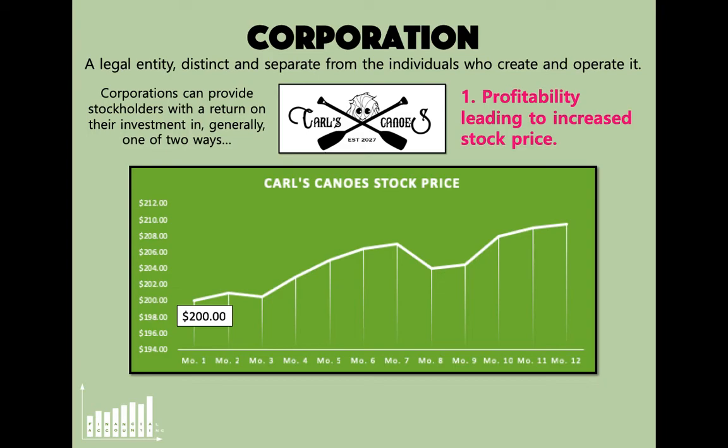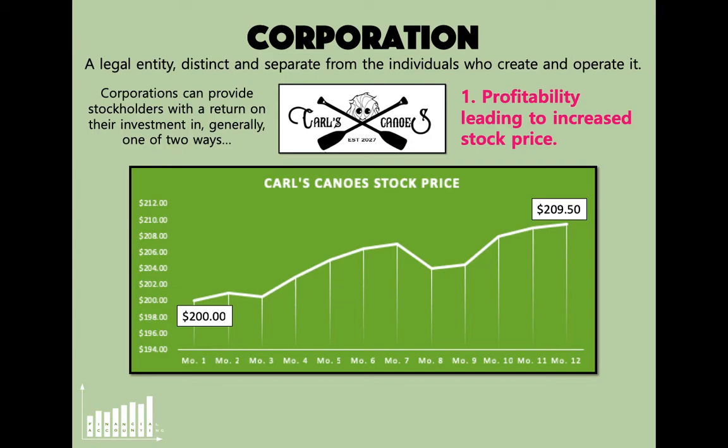Okay, they purchased the stock, and by month 12, because of the company's performance and profitability, the demand for the stock has gone up and expectations for the future have risen, and so the stock is now worth $209.50.